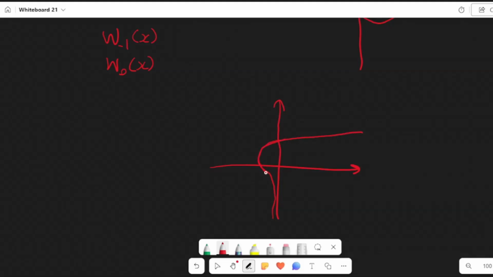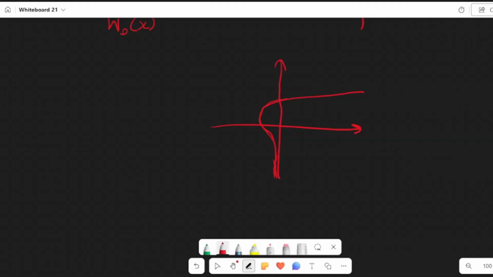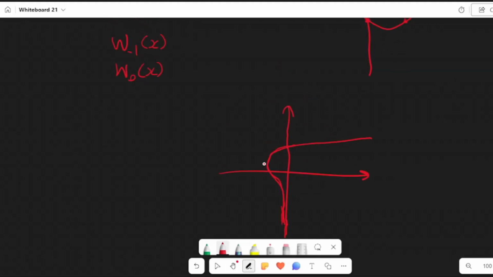So this is what the Lambert W function, or at least the two branches combined, look like in a graphing calculator. And this is pretty interesting because this part right here that divides these two graphs, that's the part that is above here.